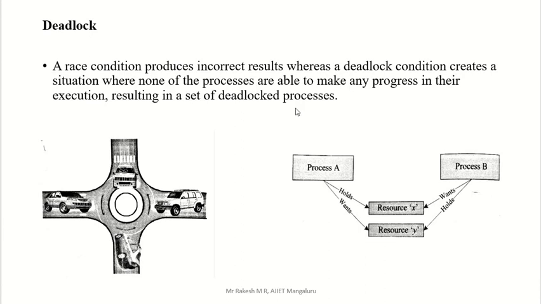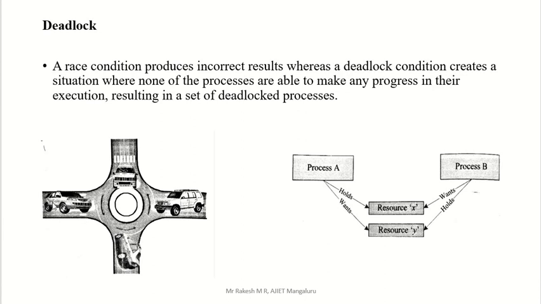Here we have a diagram. This is one road, this is another side road, four roads are there, this is one circle, and in that circle four roads are connected. Now vehicles can come from all four roads.